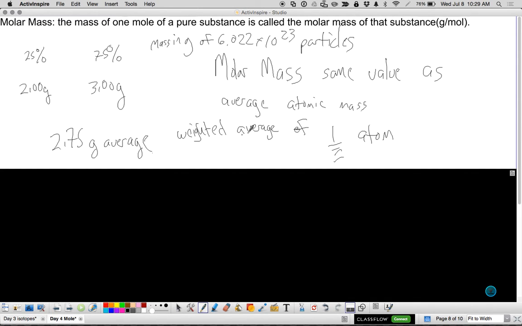Okay, so this is the mass of 1 atom. That's average atomic mass. Molar mass is the mass of 1 mole of atoms. So they mean very different things, but they still have the same value. That's something that's very difficult for people to keep in mind.